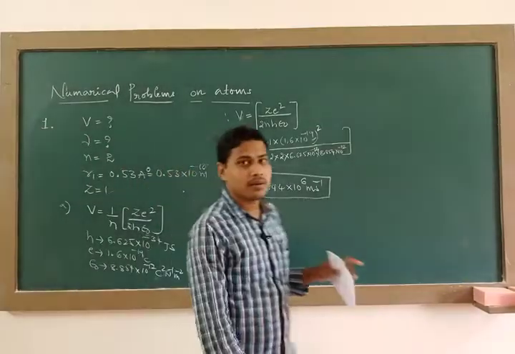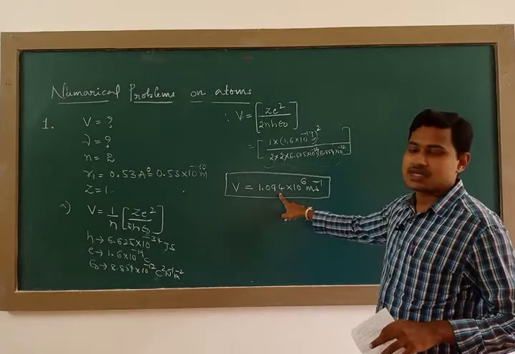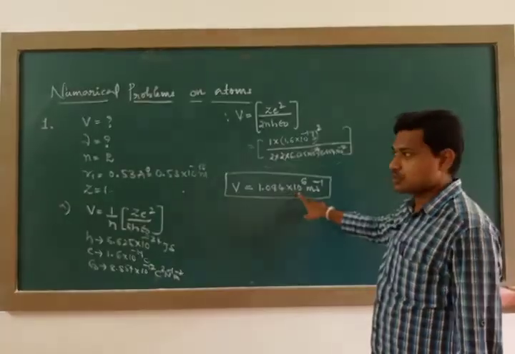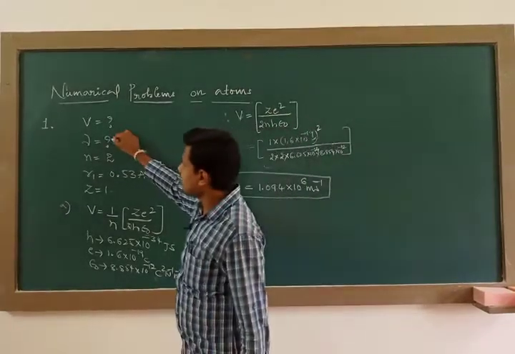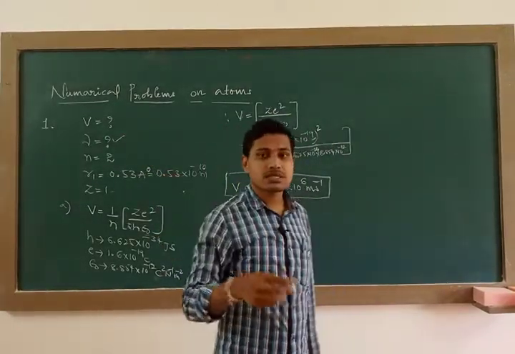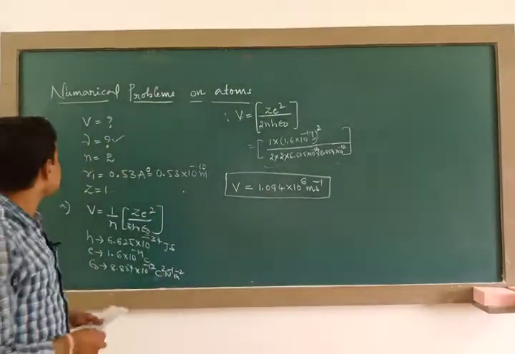So the orbital velocity of the electron in the second orbit is this much. What are they asking after this? They are asking to find the frequency.